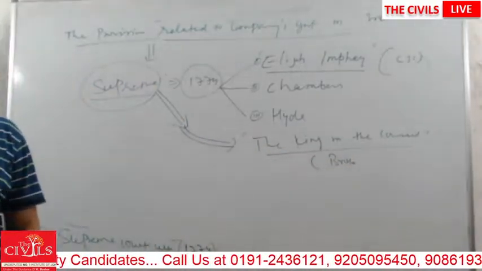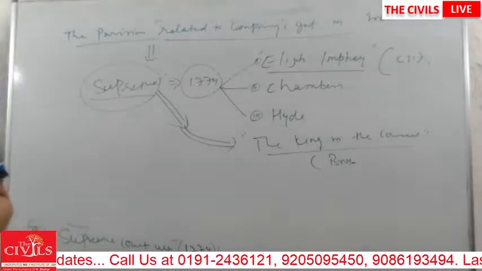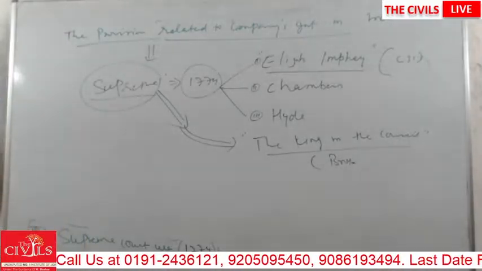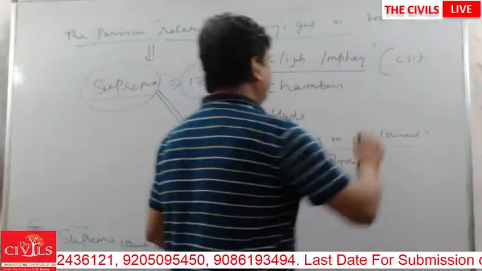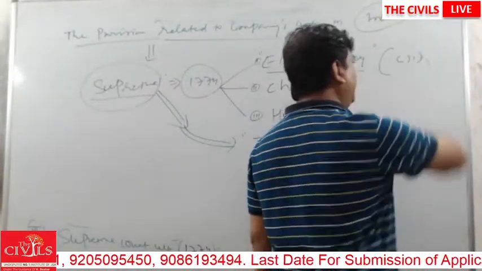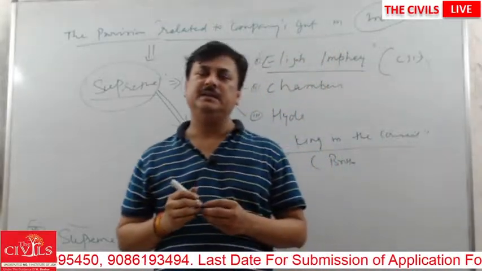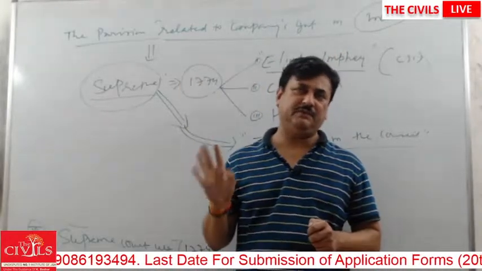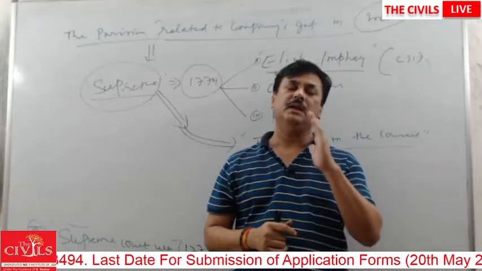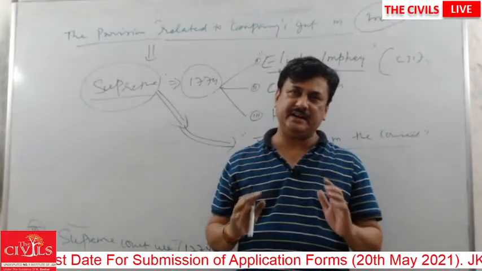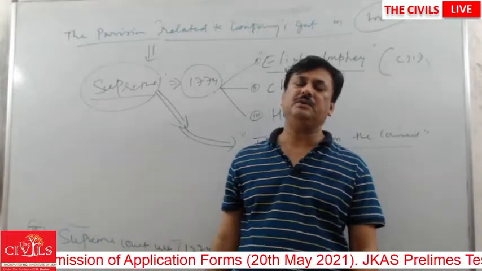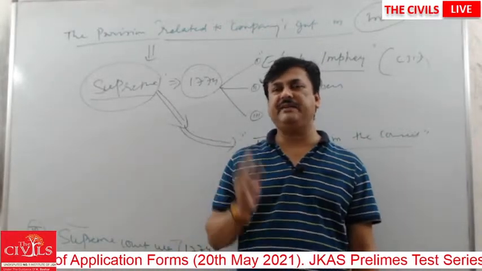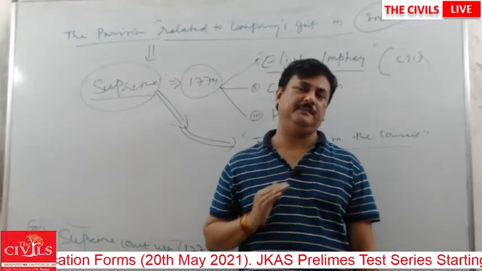Okay, so these all were the provisions related to the company government in India. So far today we have discussed only two acts. The first was the Charter of 1600, which was not passed by the British Parliament, and second we discussed the Regulating Act 1773.